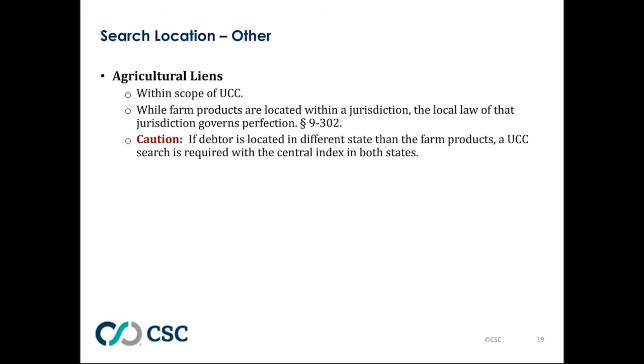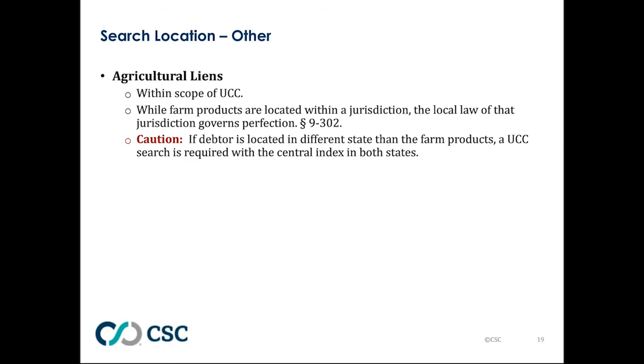So the issue here is that if a person engaged in agriculture or in farming operations has assets in more than one state, it may be necessary to search in more than one state. So if you've got a farmer whose principal residence is in Minnesota, yet maybe they farm some land in Iowa or have a feedlot there as well, there's all sorts of issues that can pop up there.